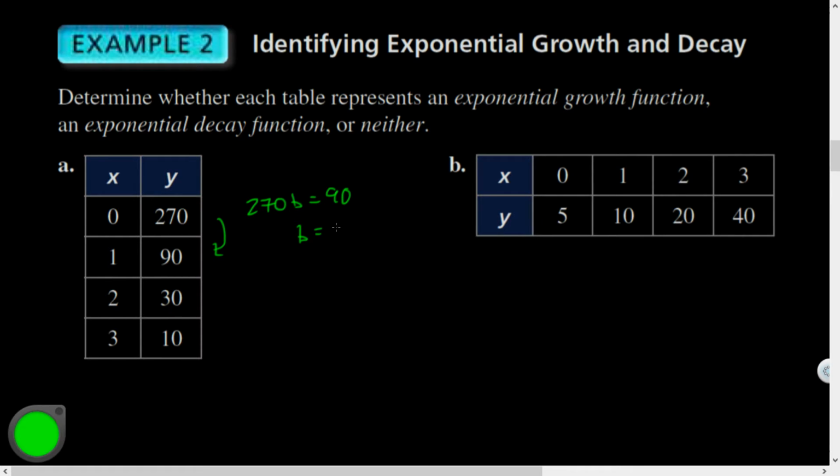I'm going to get b equals, what is 9 divided by 270? And I get, actually, oh, I could have just canceled out the zeros. Man. Yeah, cancel out the zeros. I get b equals 9 over 27. 9 goes into 9 once. It's 1/3, no, 1/30th. Yeah, wait a minute. What am I doing wrong here, guys? I just did something crazy wrong.